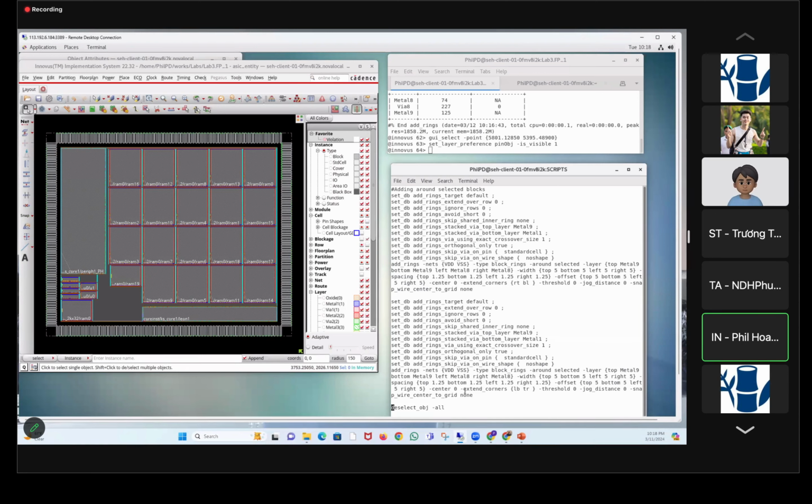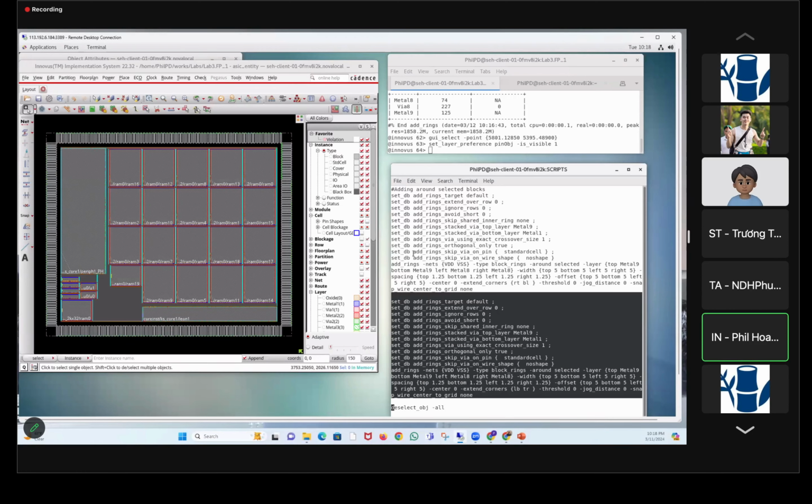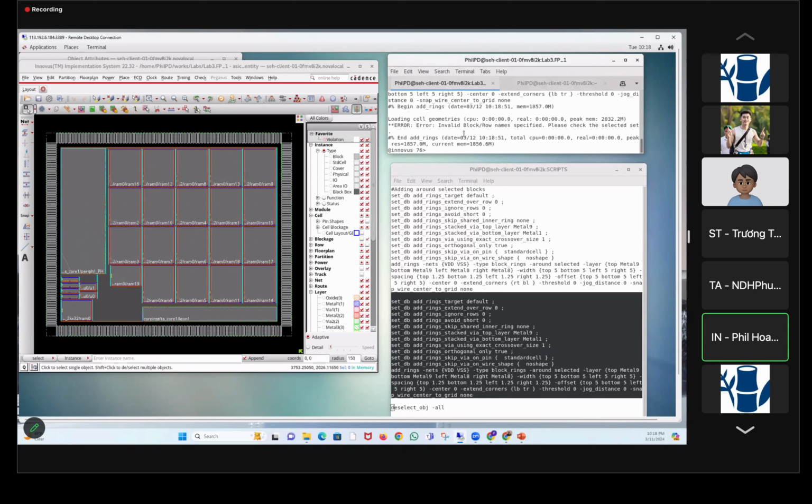What does this one do? I didn't pay attention to this one. See what it does. Oh, I see. Error, right? So it's just meant to say, if you don't do it right, it will error out.